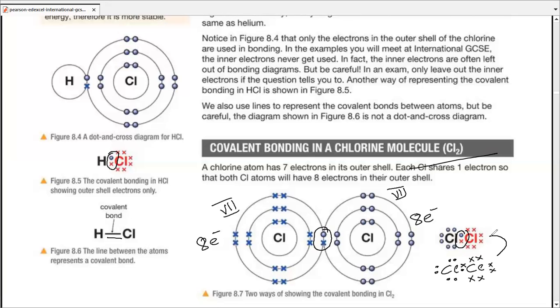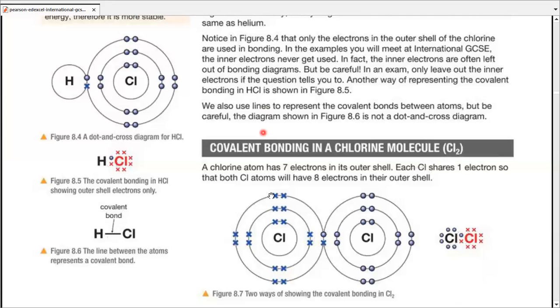This would be a good way to show it, right? Otherwise, if we want to show it like that, it would simply be a chlorine atom with a straight line covalent bond with a chlorine atom. Get the point? Yes. Great.